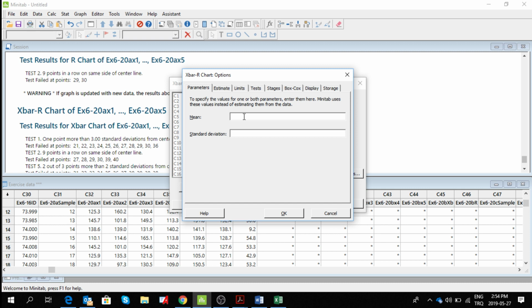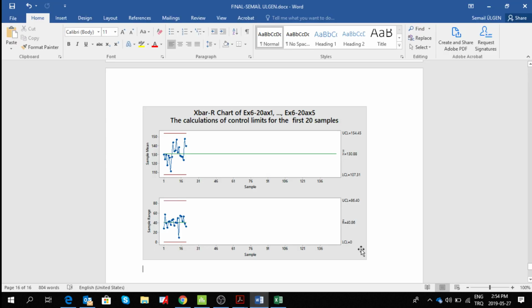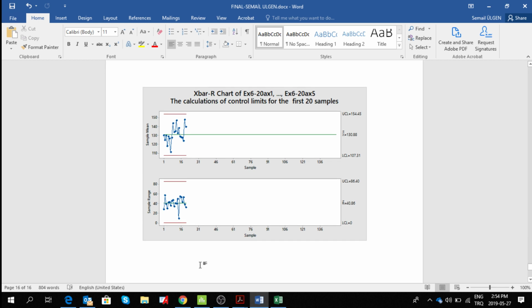I do a little computation here. So I want to go to here, and I'm going to say, what is the mean? The mean is 130.88. And then standard deviation. Standard deviation is, this is the approximate value of it, R bar over D2. R bar is 40.86 divided by D2.